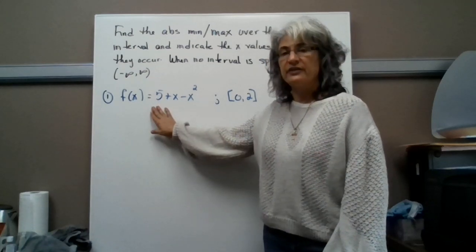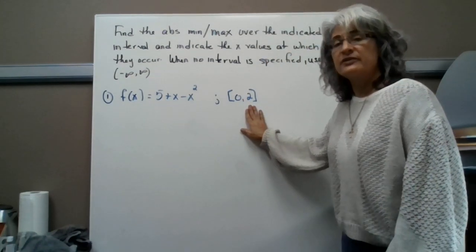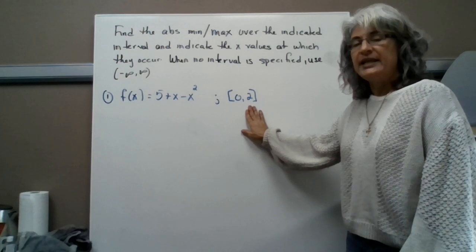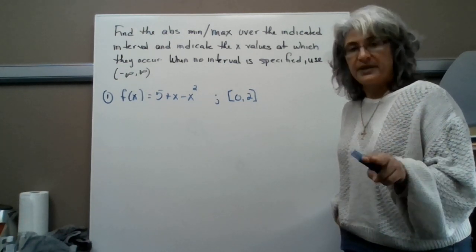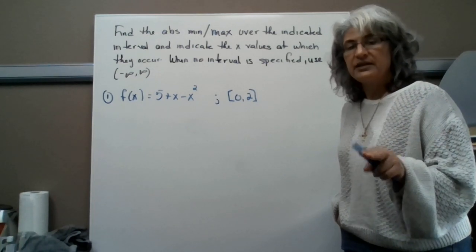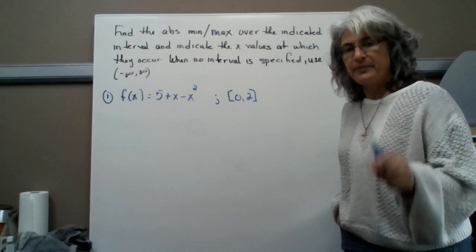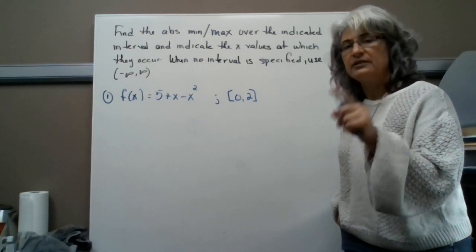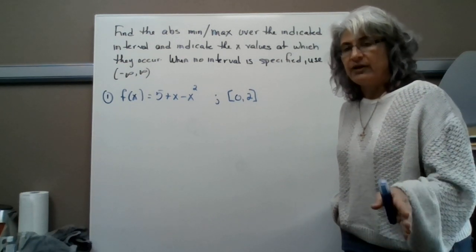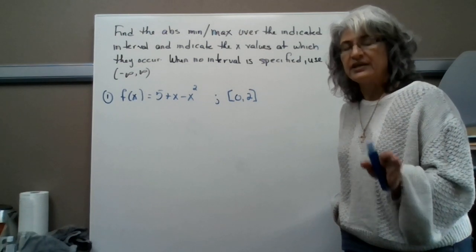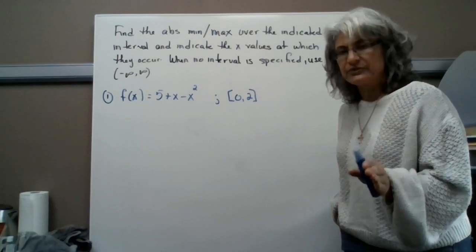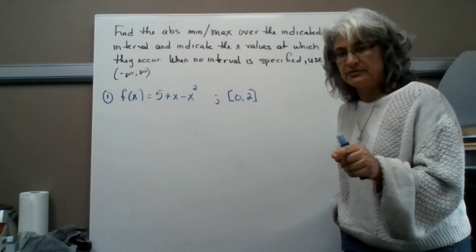Here's the function they've given us, and they've actually given us a closed interval, correct? Now, I have two theorems that tell me how to find the absolute minimum and absolute maximum, Theorem 8 and Theorem 9. Now, remember, the main difference between those two theorems is this. Theorem 8 deals with a closed interval.